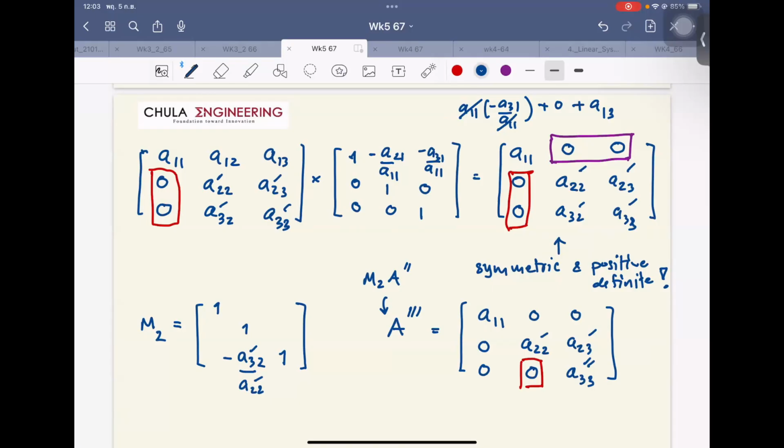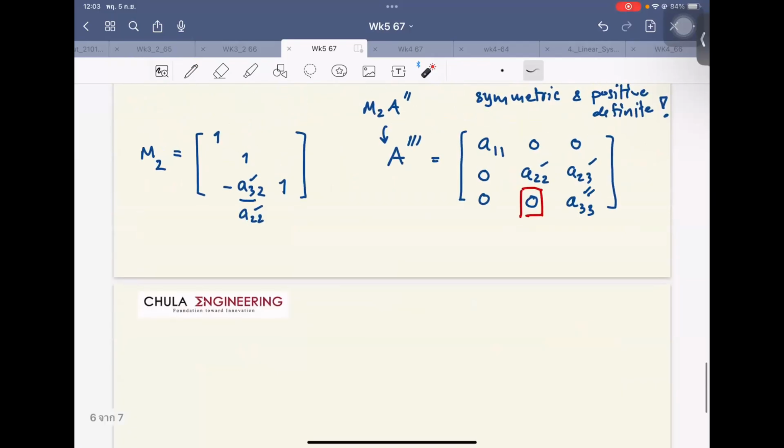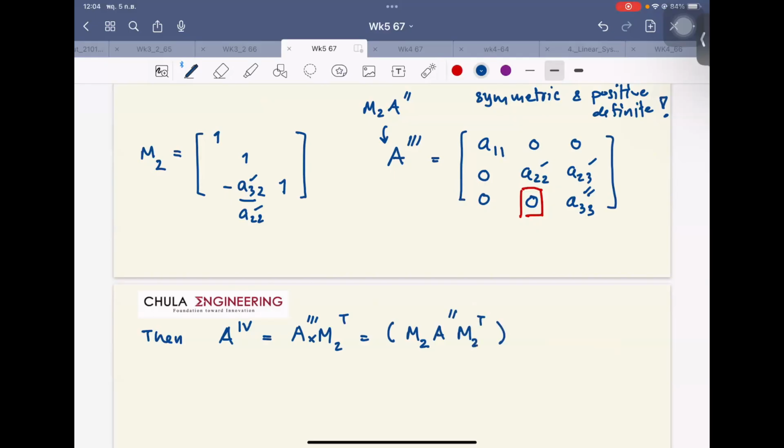And again, now we're going to post multiply this matrix by M2 transpose. Then A will be A4, will be A triple prime multiplied with M2 transpose. So it's M2 A M2 transpose.